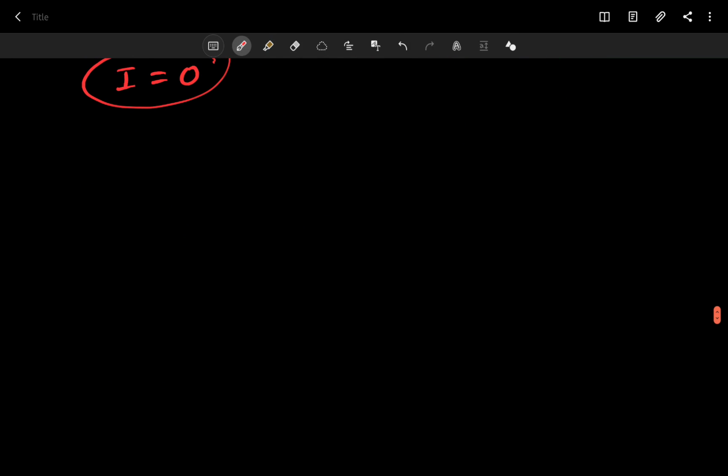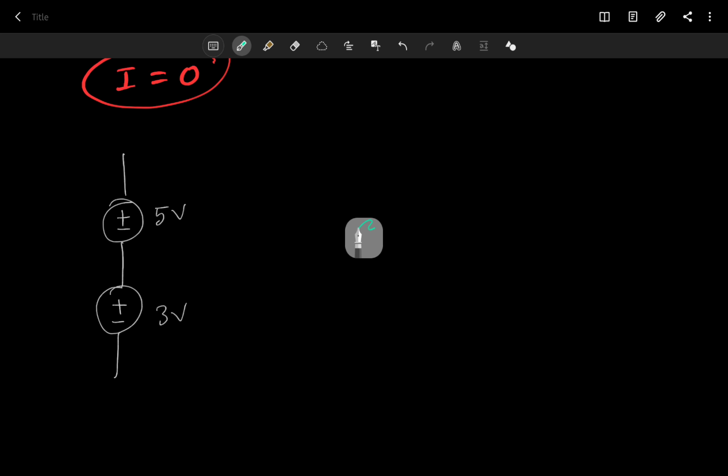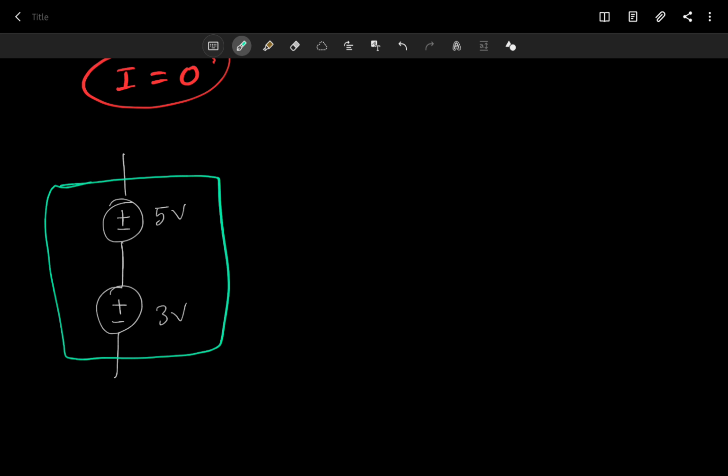What more can we do? Well, we have seen that we can have voltage sources in series connection. Let's say we have two voltage sources, 5 volt and 3 volt in series connection, and say we want to replace this with its equivalent circuit.